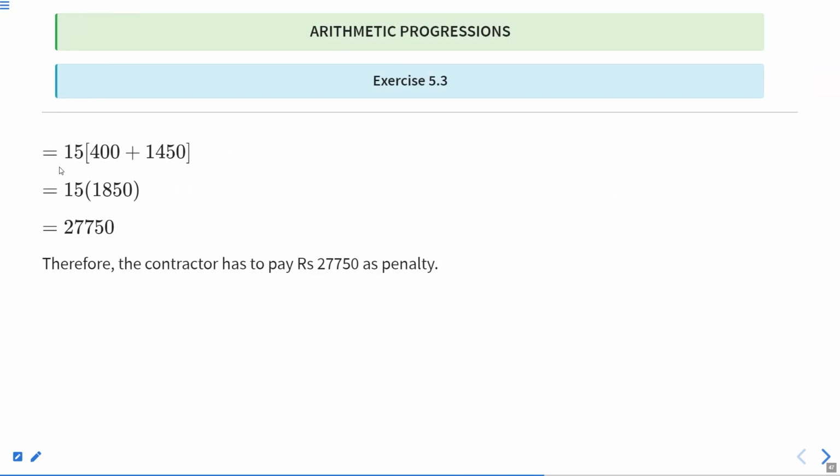Okay, and this is equal to 15 times (400 plus 1450), which is 15 times 1850, which is equal to 27,750. Okay, so the contractor has to pay rupees 27,750 as penalty.